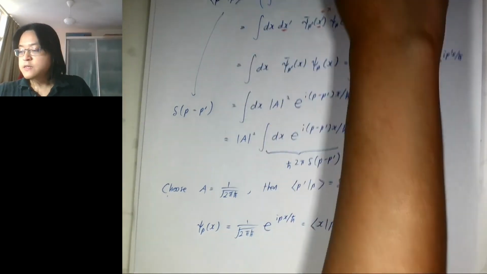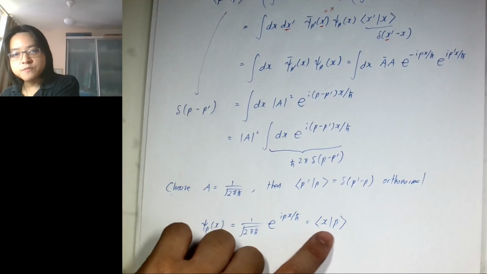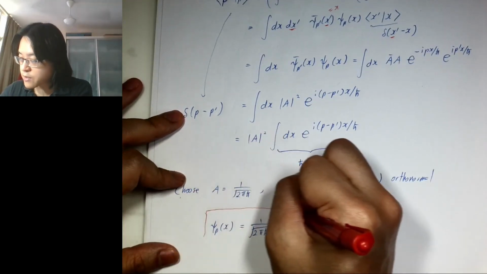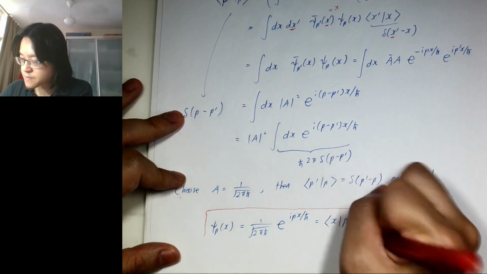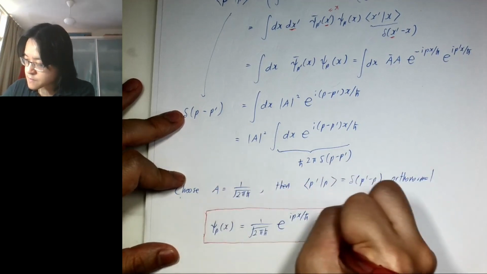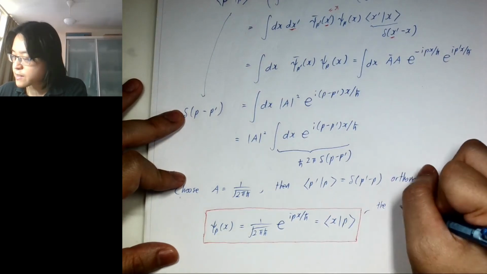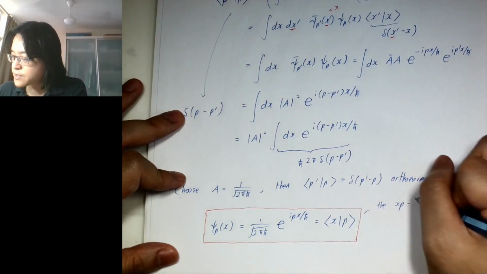So this relation here is going to be important in quantum mechanics as well. This is what we call the xp transformation function.